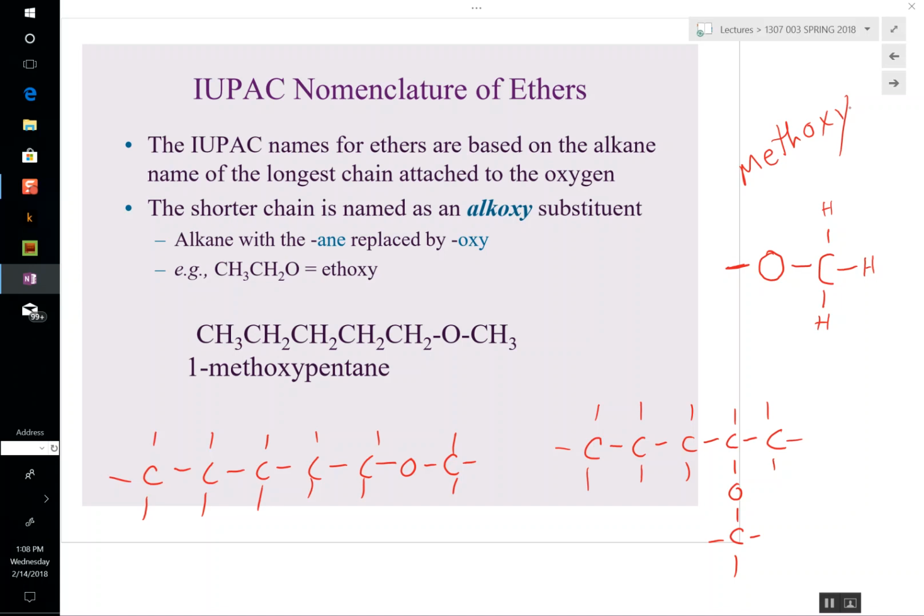And over here we've got a methoxy. Here's our methoxy again right here, and this would be called what? 2-methoxypentane.